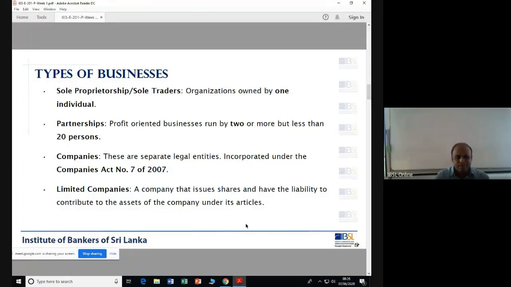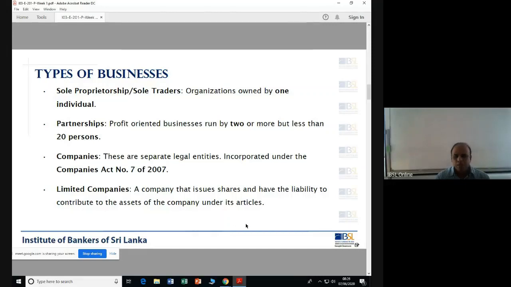But this so-called petty kade is actually a sole proprietorship, where the business is being run by one particular person, or that person becomes the owner of that particular shop. So it's very clear that sole proprietorship means the ownership is with one individual.